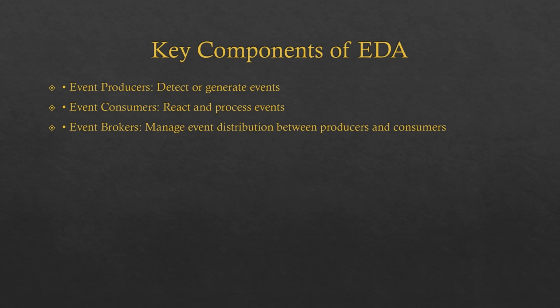Event-driven systems are built with three essential components. Event producers. These components generate or detect events like a user placing an order or a system encountering an error. Event consumers. These components listen for and process events.